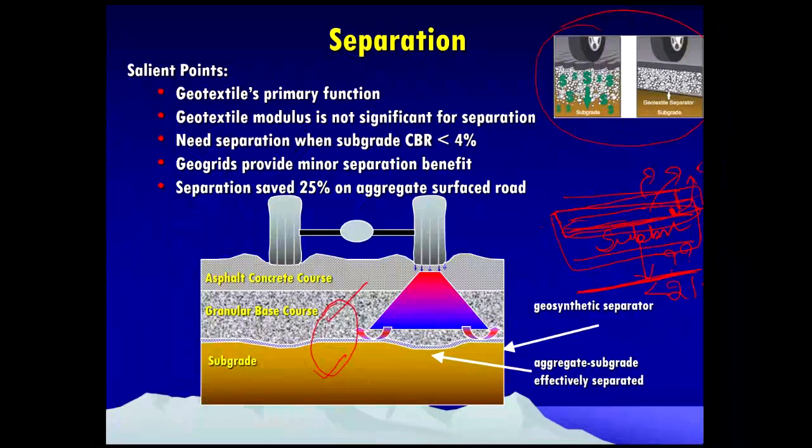If intermixing happens, then, as we all studied in UG, a flexible pavement is a structure where load distribution happens from grain to grain, or stone to stone contact. Otherwise, this is the kind of situation we will get.